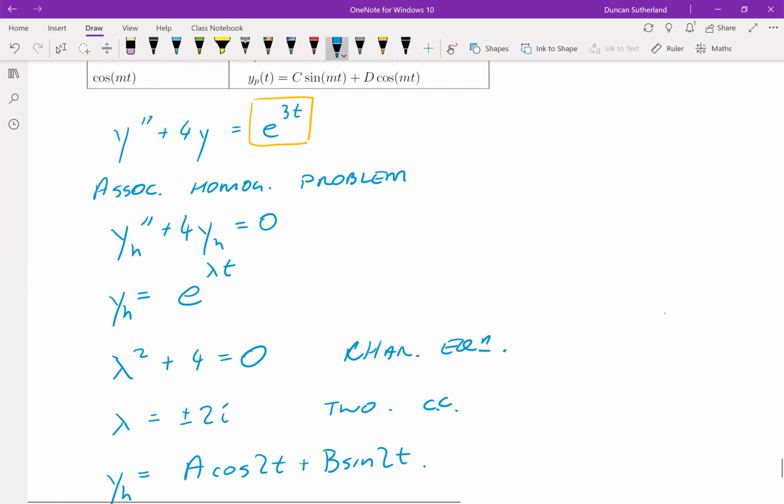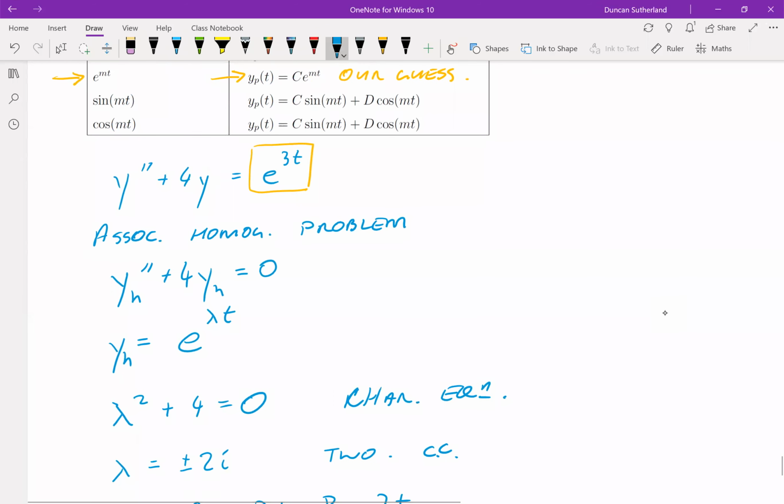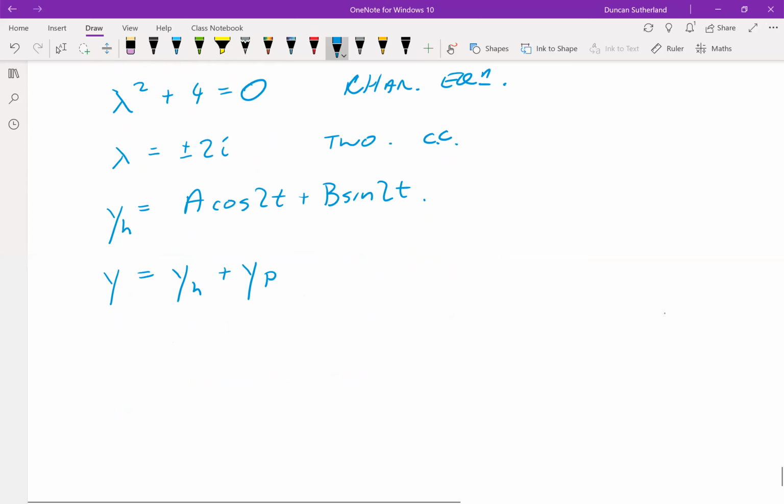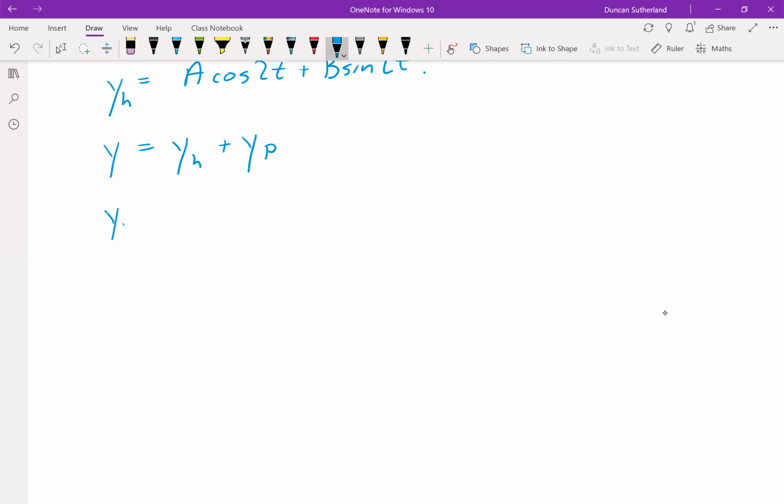We've now got to go ahead and substitute in our particular guess. So we hypothesize that y is equal to the sum of the solution of the homogeneous problem plus y particular, where y particular equals c, our undetermined coefficient, e to the 3t.